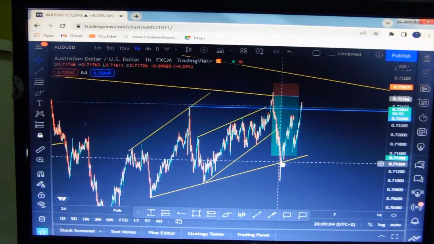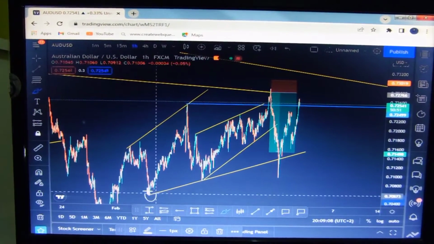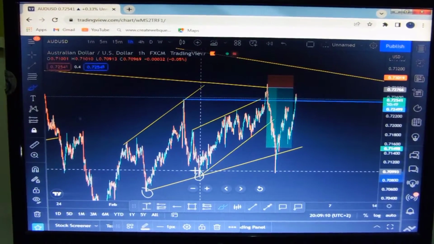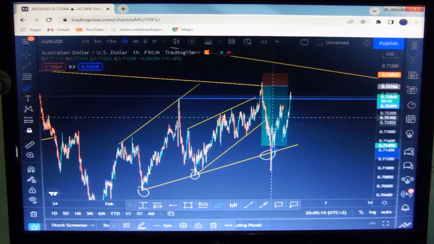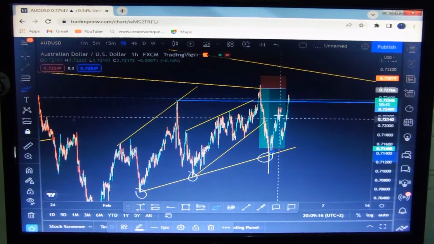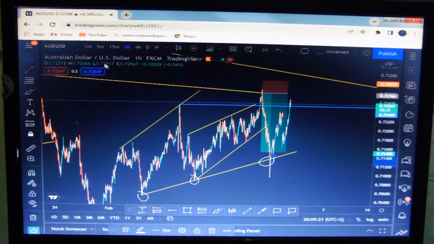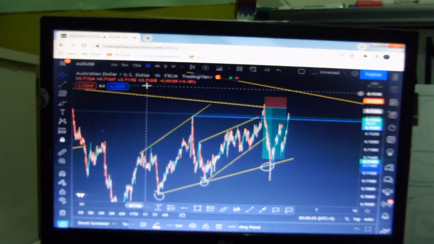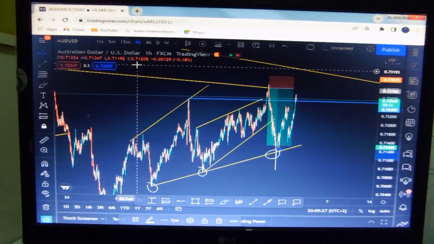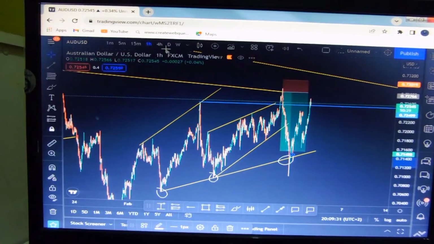Just keeping it safe, you can also see that we have this 1, 2, and then the possible third touch over there. The market then started going up. So that's my trade on AUDUSD. Fairly happy with how the analysis went on this trade.